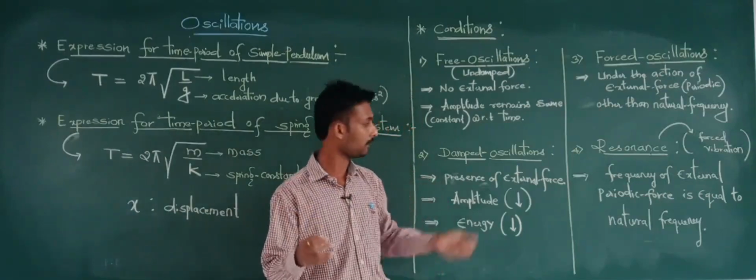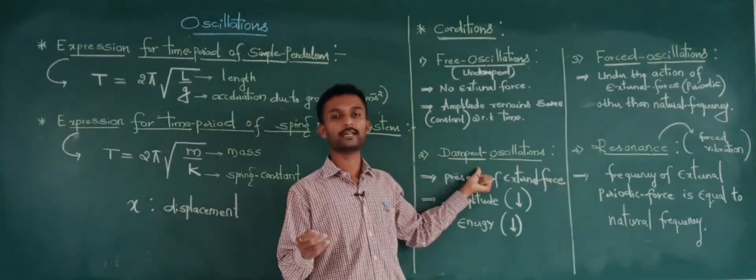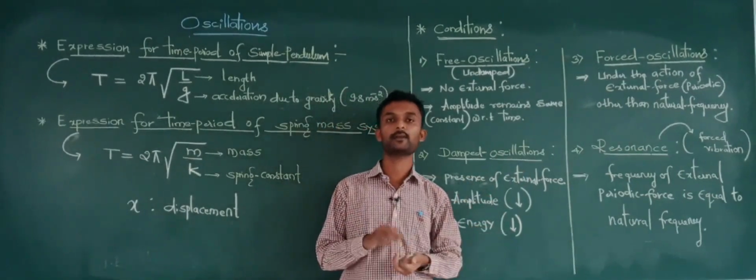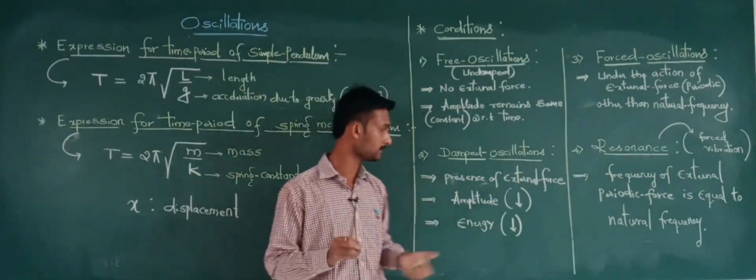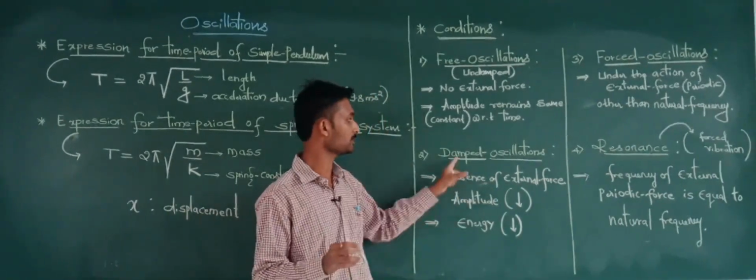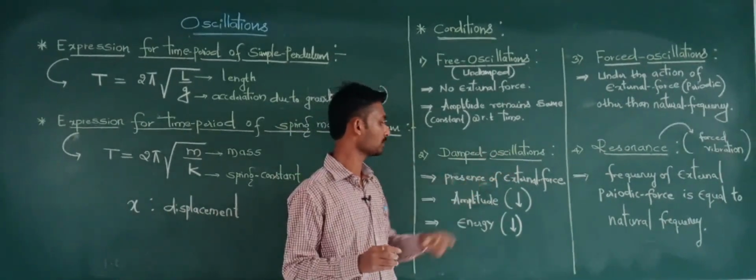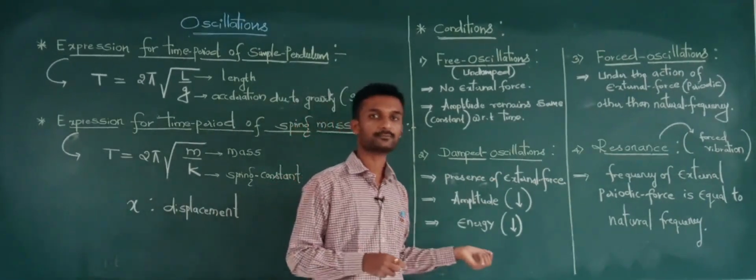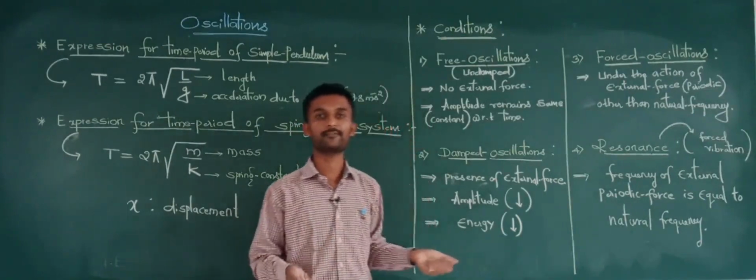In damped vibrations, or damped oscillations, what will happen? In the presence of an external periodic force, the oscillations will occur. Such oscillations are called damped oscillations. In other words, how will we define it?